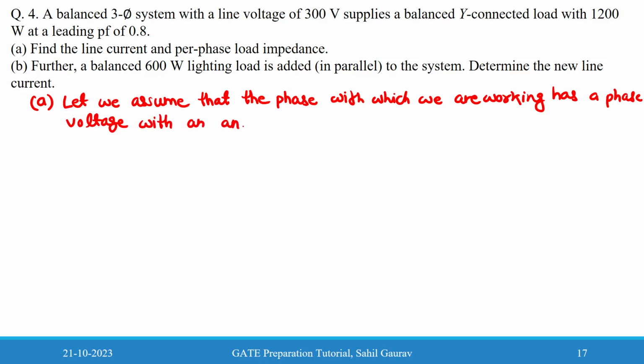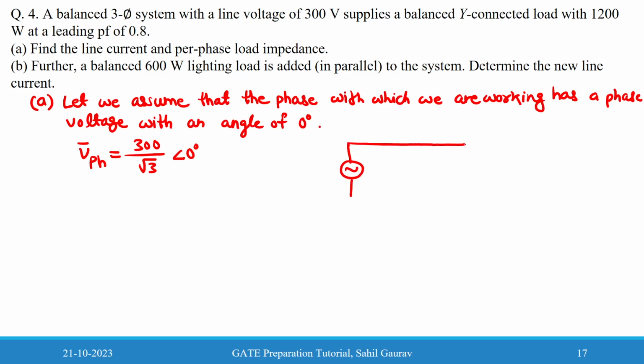Whatever phase we have assumed, we take that as reference, 300 divided by root 3 at the angle of 0 degree. The equivalent per phase circuit diagram will look like this.